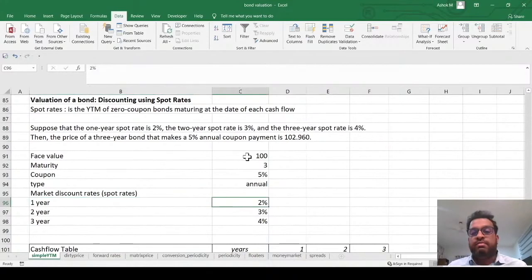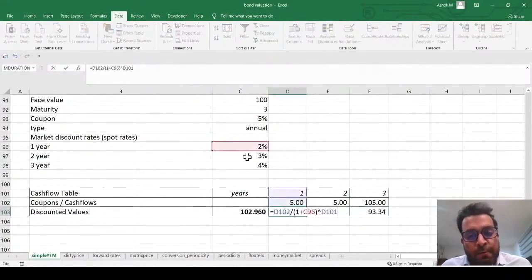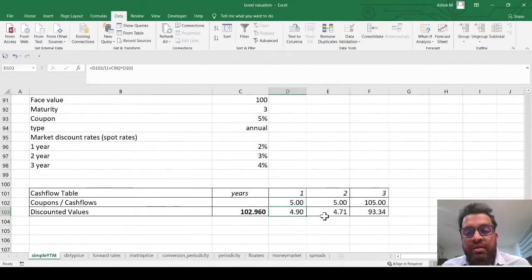I have been given spot rates. That means these are different rates across the term structure. The same thing, you put your cash flows of 5, and in the last year the face value redemption, and then look at this: coupon divided by 1 plus the spot rate for year 1, the spot rate for year 2, the spot rate for year 3.